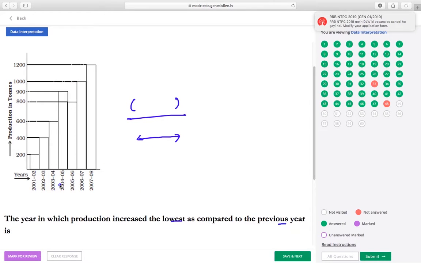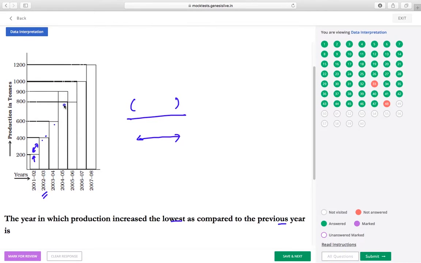Okay, fine. So for example, if you are comparing 2002-3, it has increased by 200 as compared to the previous year, it is 200 itself. Hope you are following. So 200 by 200, there is an increase of how much? 100 percentage. Similarly, from 400 to 600, there is an increase of a certain percentage. Similarly, 600 to 800, there is a certain increase, right?